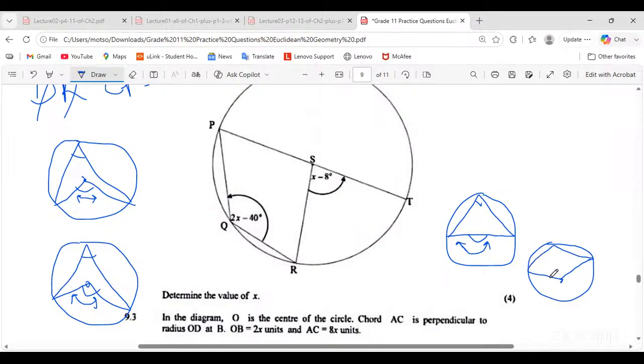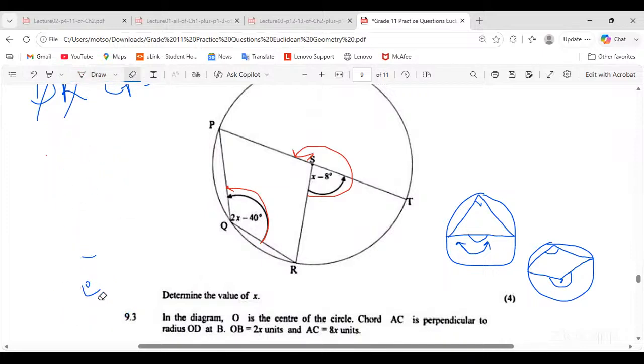Even in this scenario, this angle is 2 times that angle at the circumference. That is what we are going to do in this question. So look, we have that angle at the center. It is going to be 2 times the angle at the circumference. Beautiful, eh? Nice. Now, let me erase this to have enough space to write on.